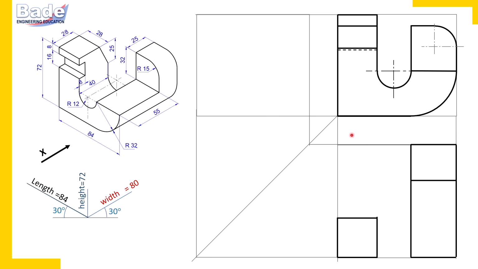Now there is a possibility of confusion. Can you tell me where this edge is here in the isometric view? Try to understand. You can think in this manner. Do you know, when you draw views of a cylinder, if it is a vertical cylinder, then it appears as a circle in the top view, but in the front view it appears as a rectangle.